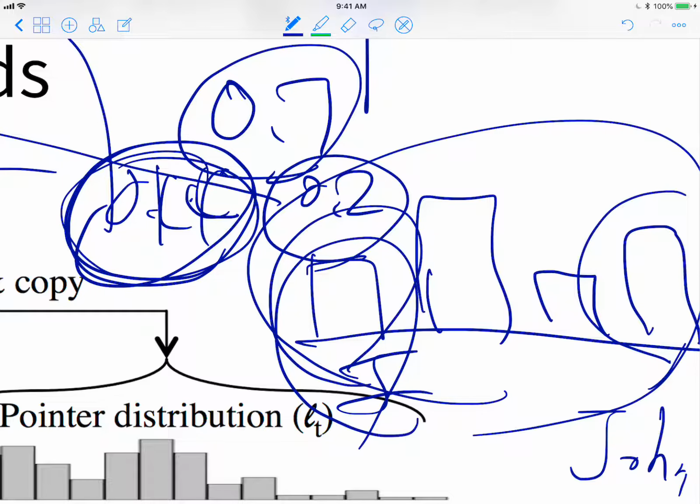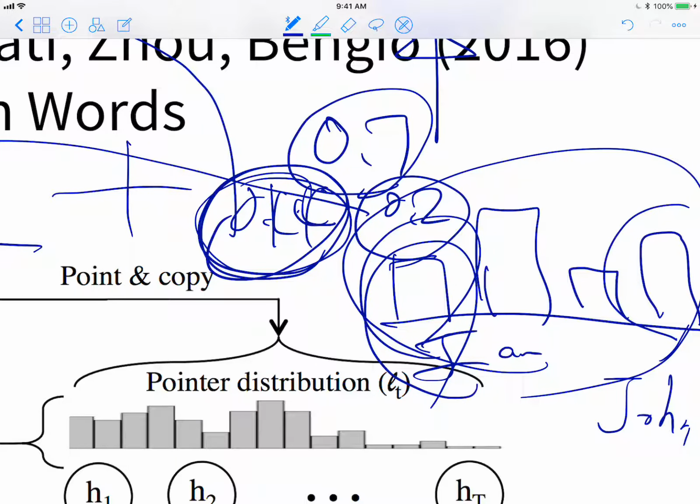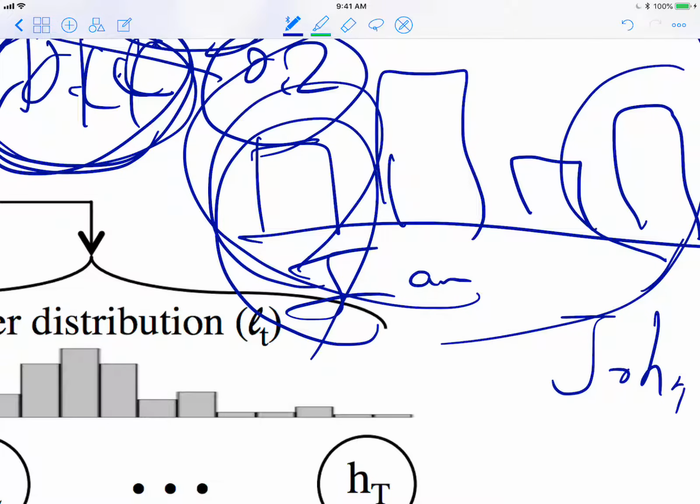For example, the first dimension was "Hi," but in the next input sequence, maybe the keyword will start with "I," and then the first dimension will have a different meaning, right? So it doesn't make sense to use just the typical softmax layer. The meaning of each dimension is different across different input sequences, and the lengths of our categories are also different. So how does the attention model deal with this kind of problem?